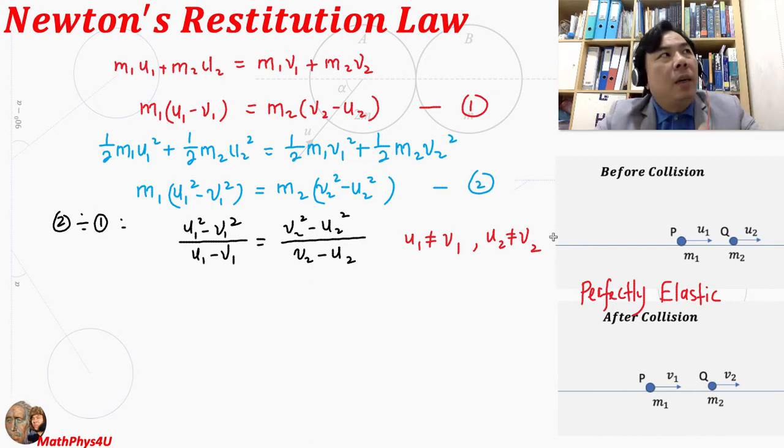In any kind of collision, I believe, I might be wrong, most of the time there will be a change in velocity. That's what I would like to believe here. So from here, we can simplify this fraction, knowing that that is true. You can factorize this properly, and therefore you will end up with this.